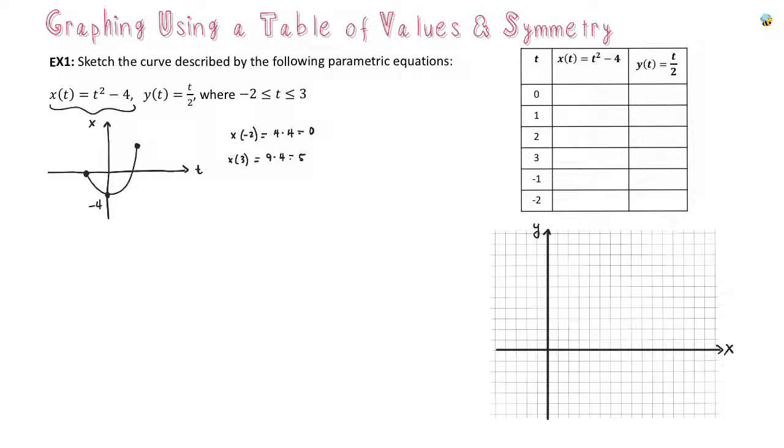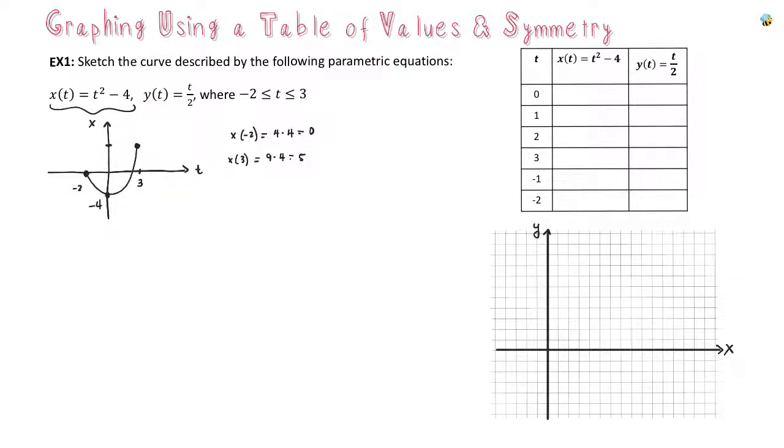That means that this is telling me that the x values, remember that the x values are now being measured on the vertical axis. The x values are going to go from -4 all the way to 5.